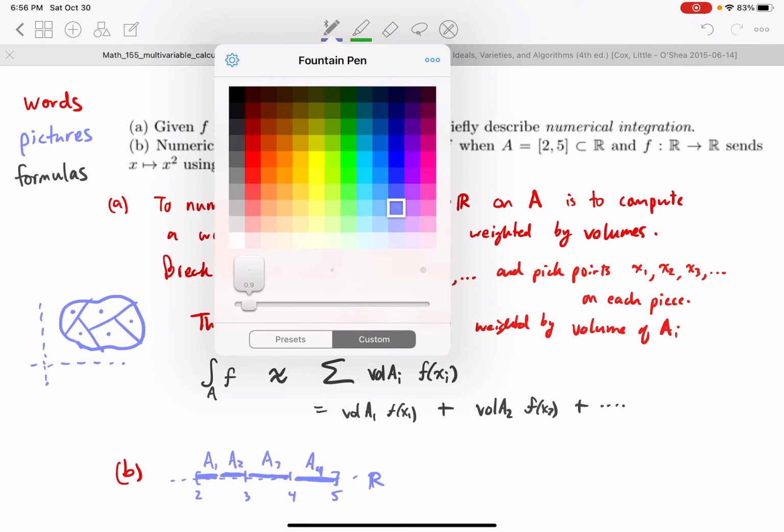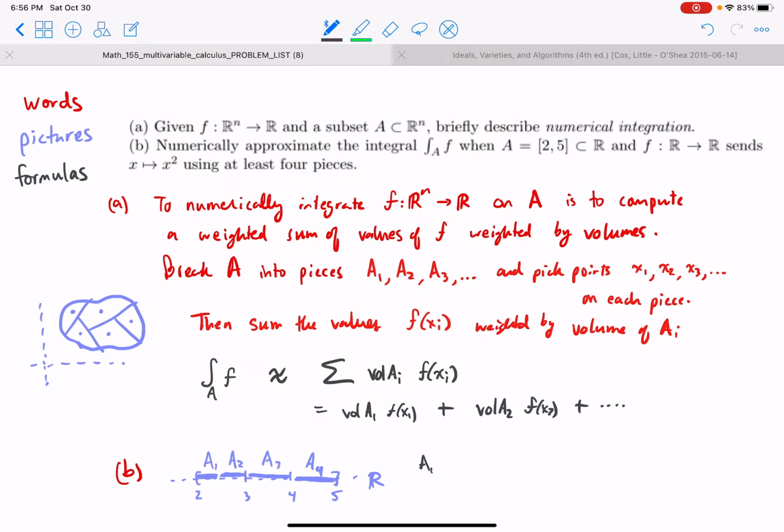And in formulas, I would say A1 is from 2 all the way to 2.5. A2 is from 2.5 all the way to 3. That's right there, that interval. A3 is from 3 to 4. It's every number between 3 and 4. And A4 is between 4 and 5. Every number between 4 and 5.